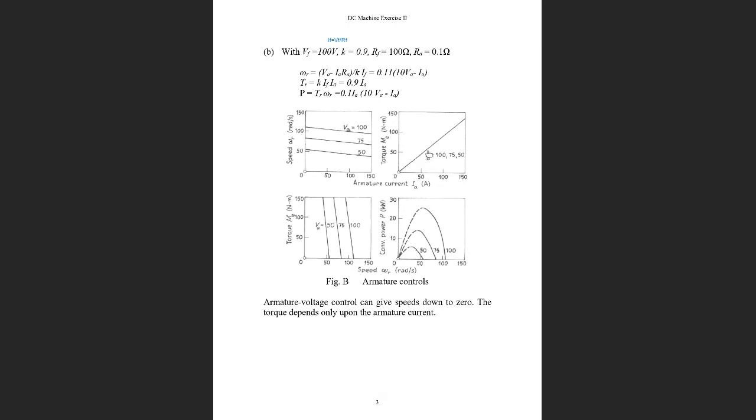So with the same field voltage for different armature voltages, the slope of the torque increment with the armature current is the same. That means it is the field current that determines the torque increment with the increase of the armature current. In other words, it is the field current that determines how strong the motor torque is.